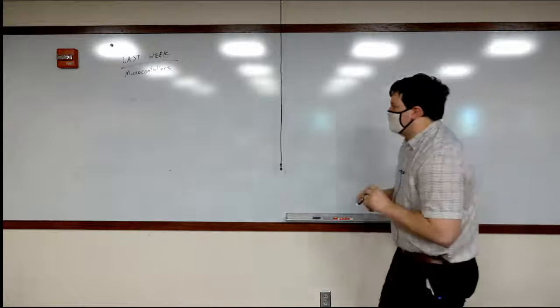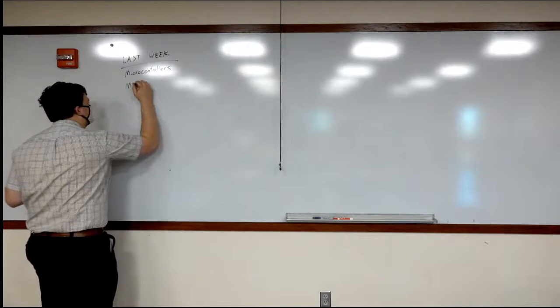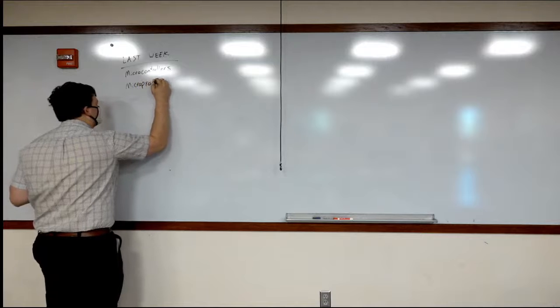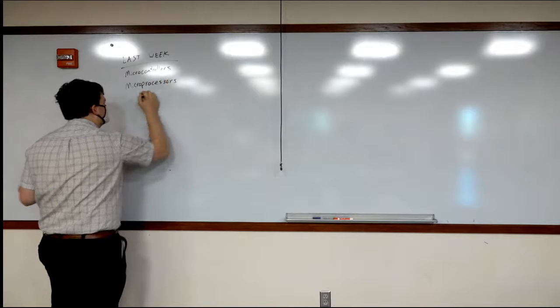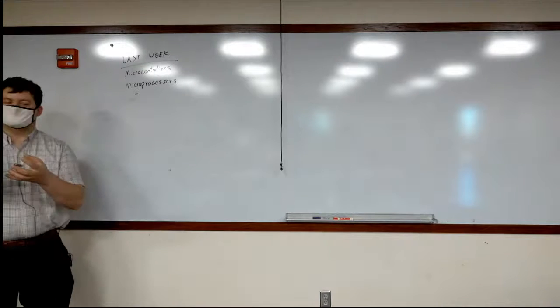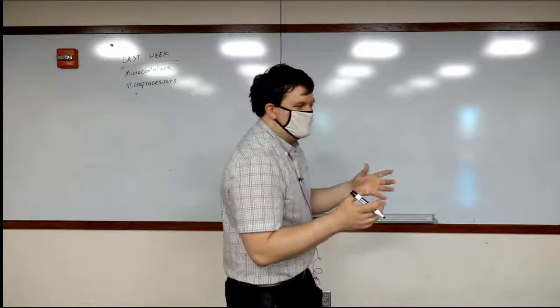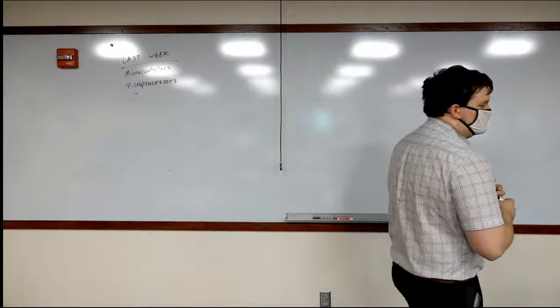Okay, so two weeks ago we talked about microprocessors. A microprocessor is the actual, like, computer component. It's the one that does all of the calculations. It's the one that routes all of the information.